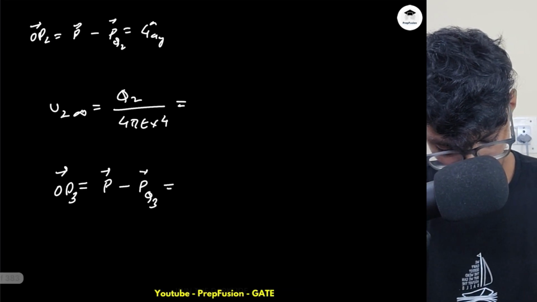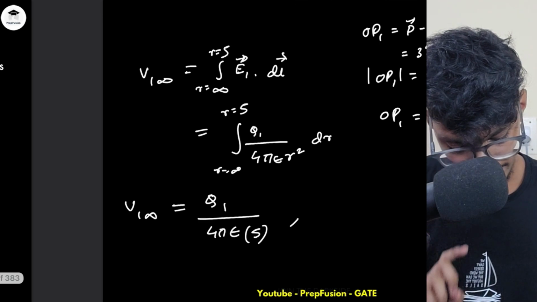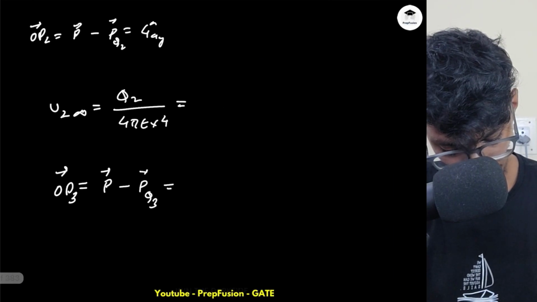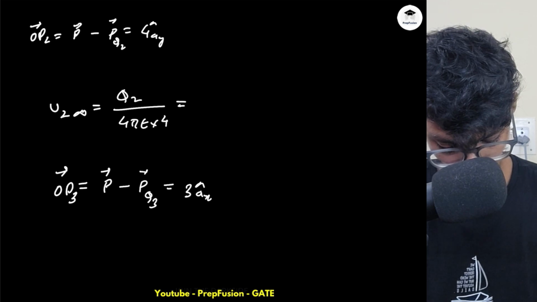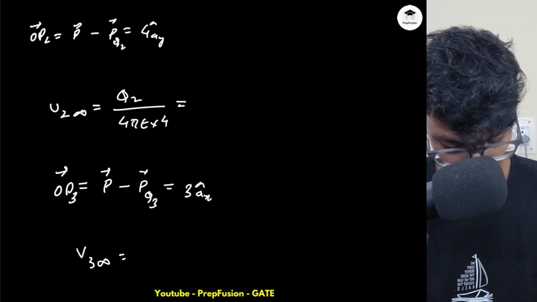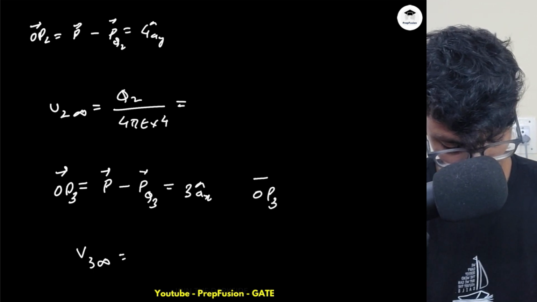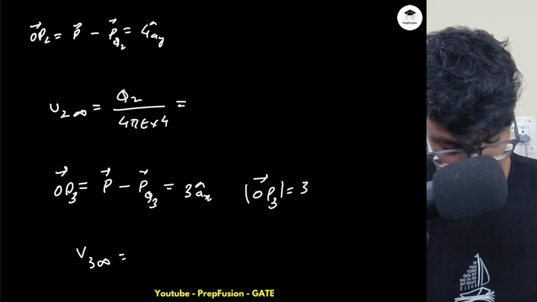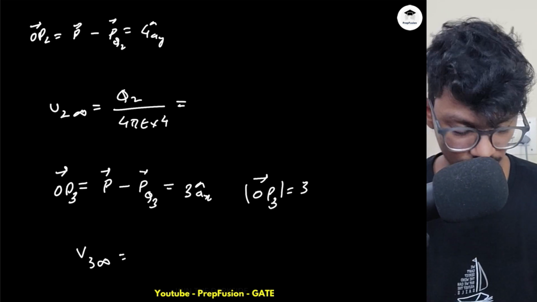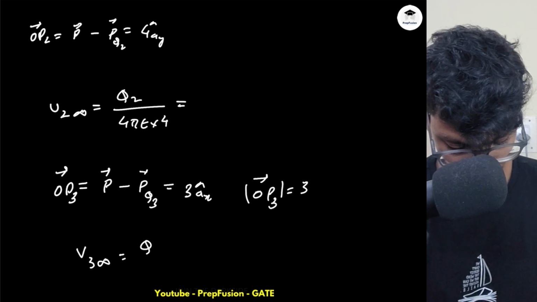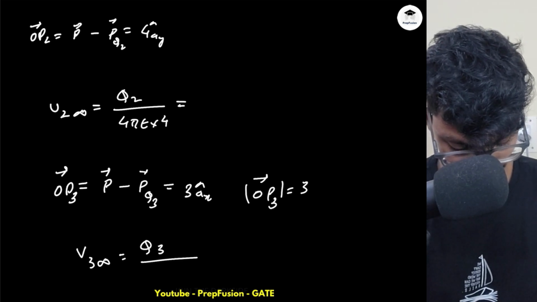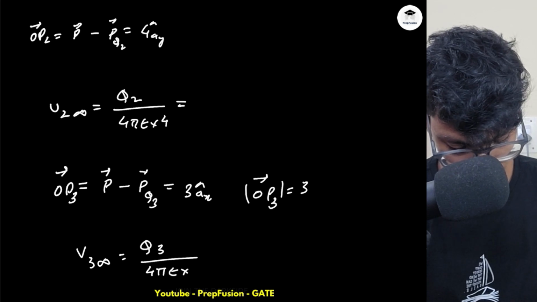So this will be simply in the i cap direction, so the y cap component will be gone, but only x cap component will be left. So again V3 infinity, the magnitude of OP3 will be 3. So V3, all the directions are on the i cap, so finally I get this expression, q3 by 4 pi epsilon into 3.